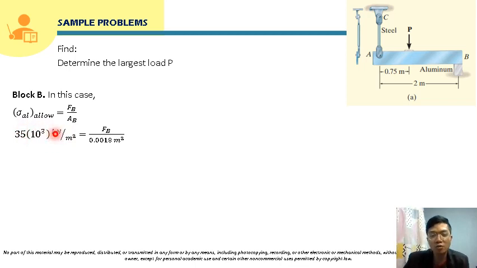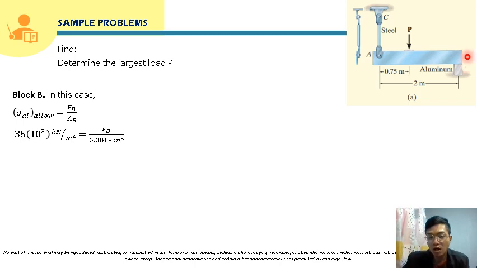Again, you have to be accurate and consistent with the units so that we will not be lost in our computation. The internal normal force for block AB will be equal to the FB that we computed.